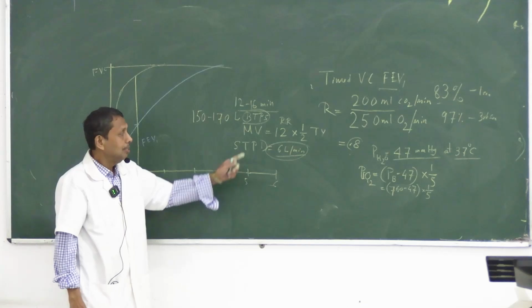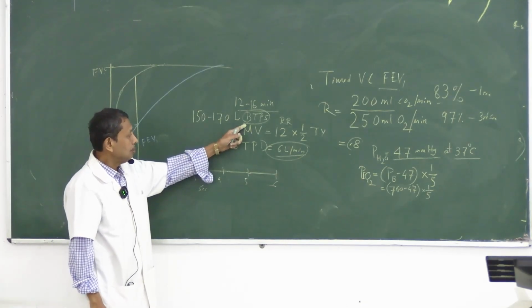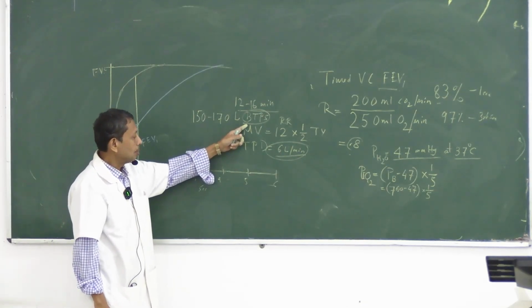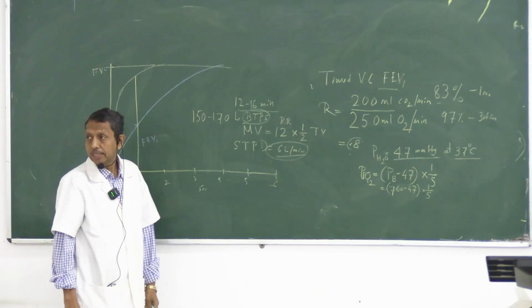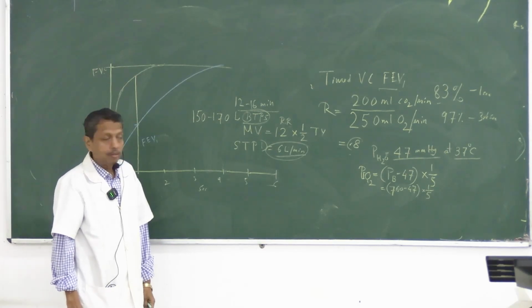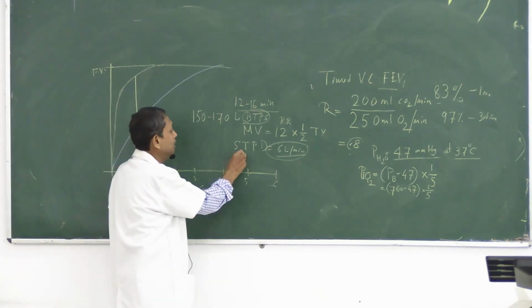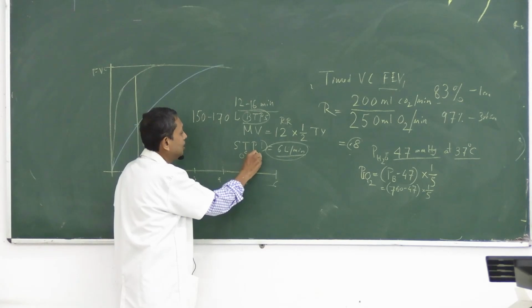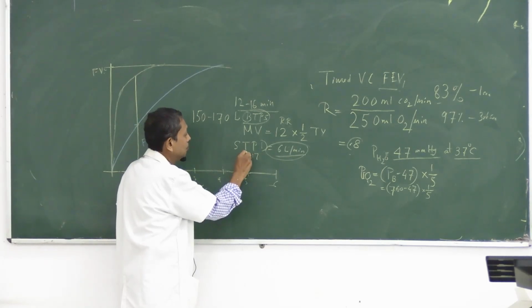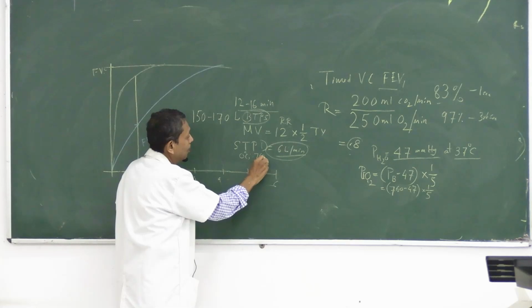Any volume can be converted into this standard temperature and pressure. Standard temperature is 0 degree centigrade, 760 millimeter of mercury, and dry air.